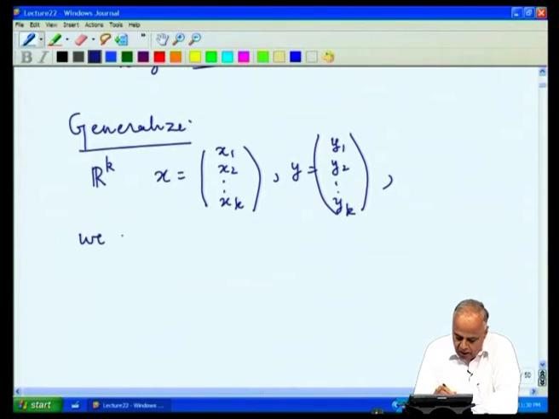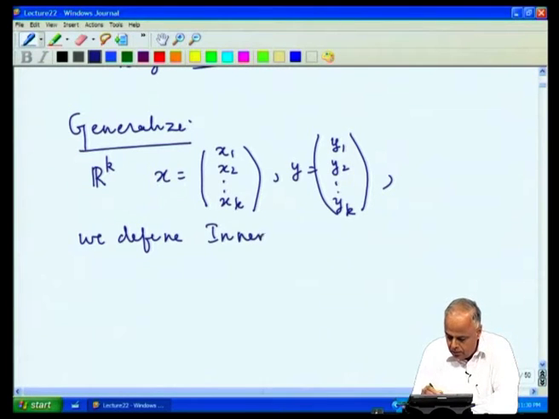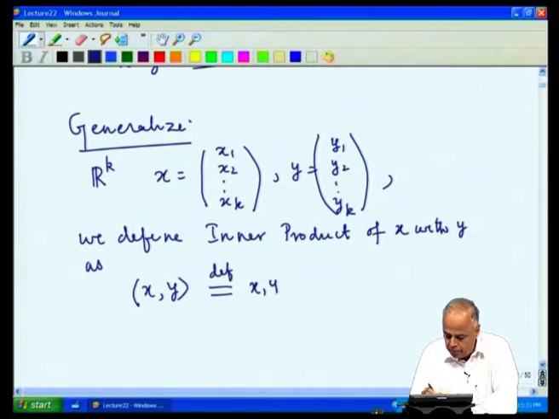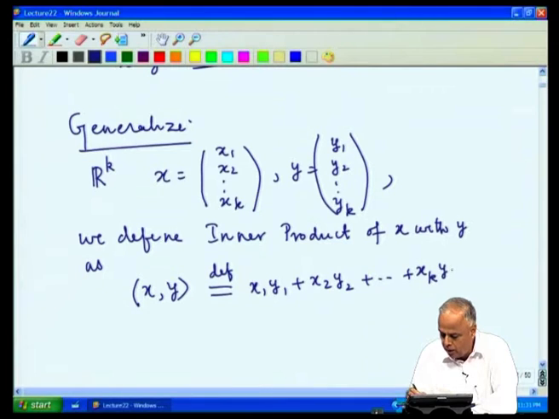So, we define the inner product of x with y, it is denoted by x comma y with a bracket, and it is defined to be x 1 y 1 plus x 2 y 2 and so on x k y k.